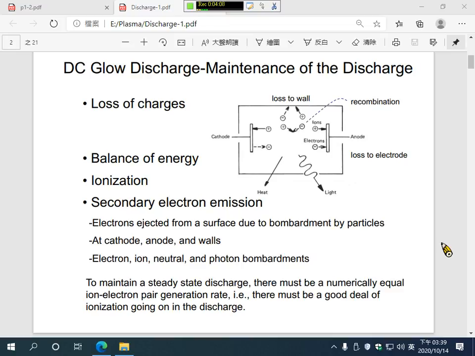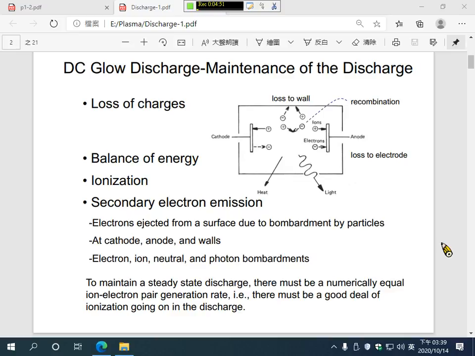Okay, and in the next few slides, Chapman gives an example with a selected value of the ion density and the current density flowing through the cathode and anode, and considers that some of the charges will be lost to the chamber wall, will be lost by recombination, and the energy will be lost by heat transfer and by light emission.